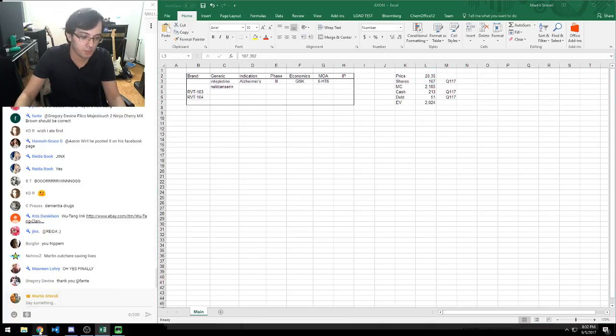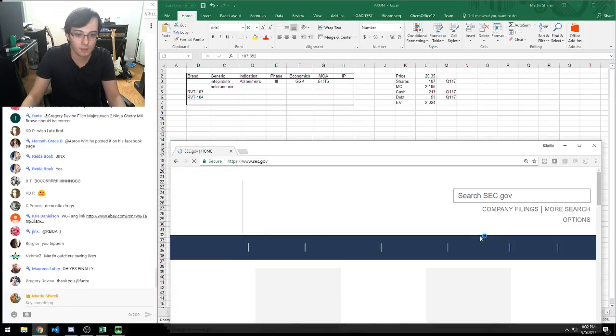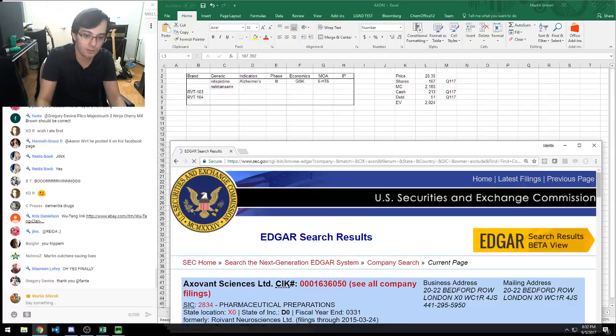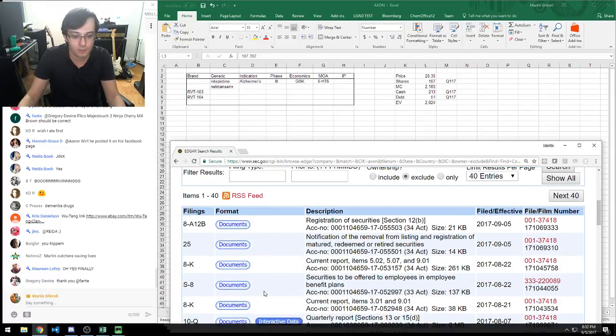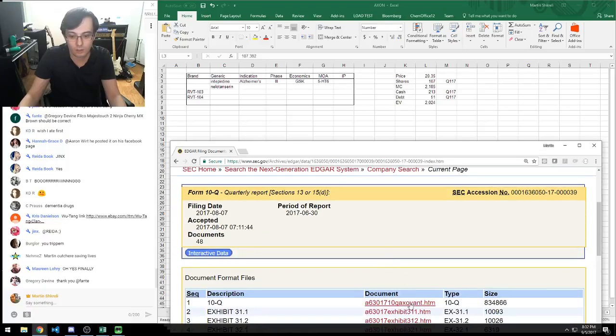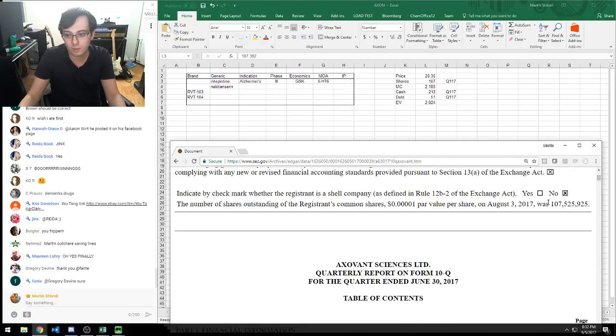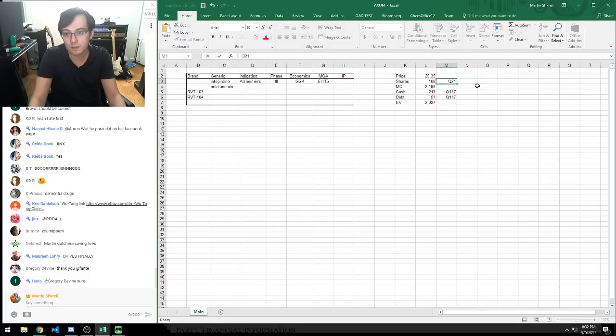Okay, and the next place to go is maybe the SEC's website. We'll get some basic understanding of the company's financials. Specifically the number of shares outstanding. So there's 107 million shares outstanding or so, 107.525925, which is about the same as it was in Q1.